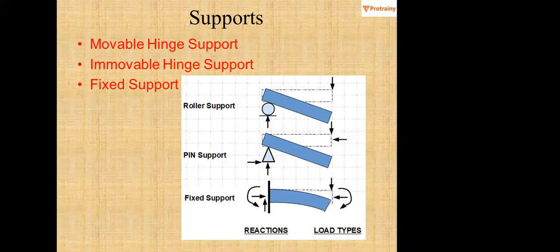We are obstructing movement, like when we are talking about a foundation. Let's say a column finally ends up in a foundation. What is happening? We are restricting its movement in all three-dimensional directions, right?